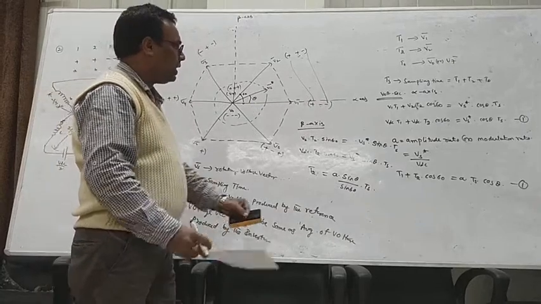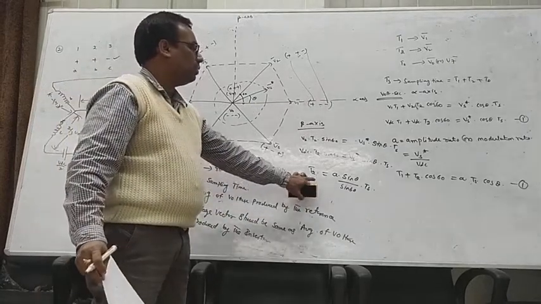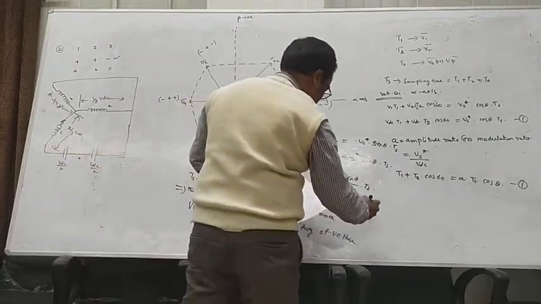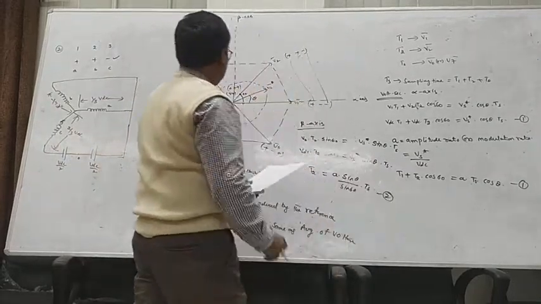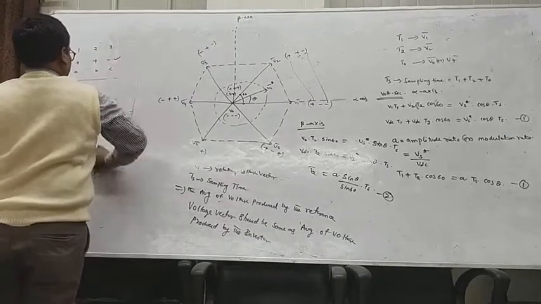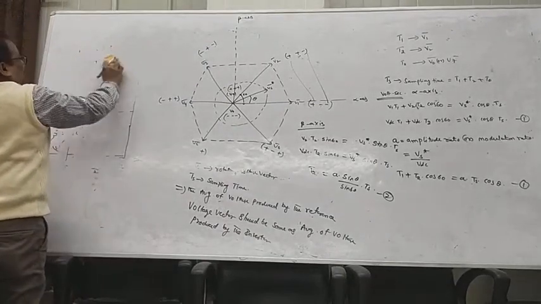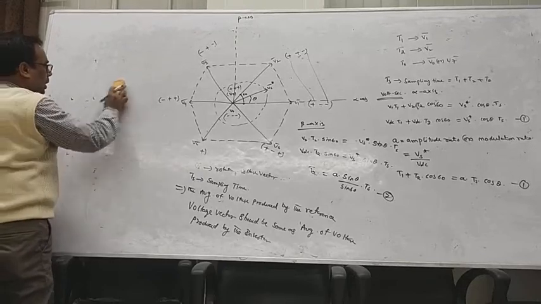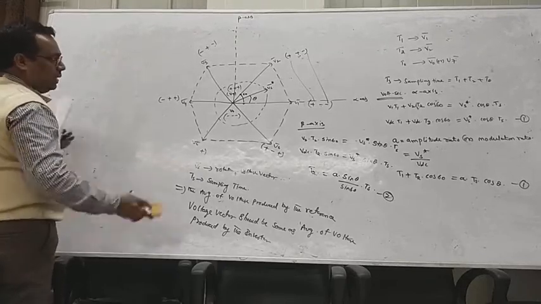If you substitute this expression T2 in the second equation, you find out the sampling times T1, T2 and T0.